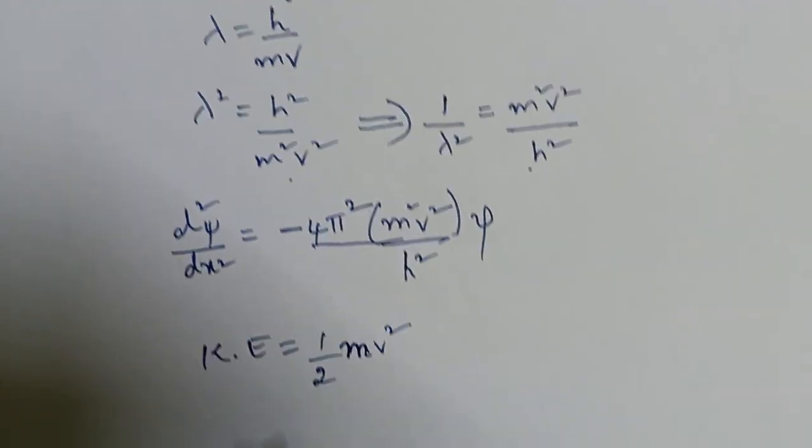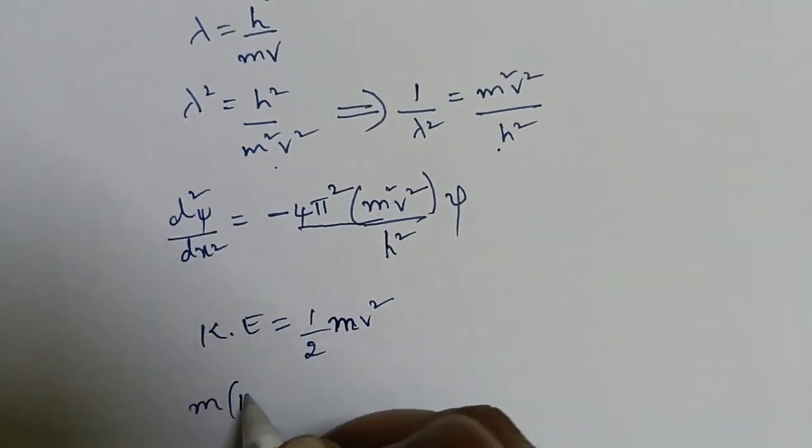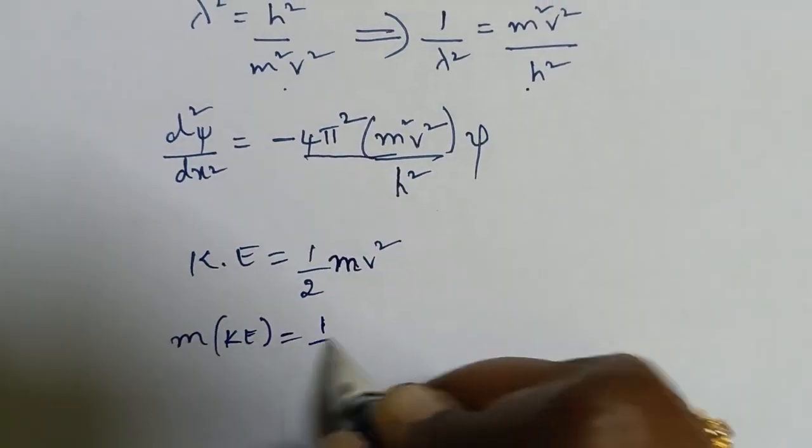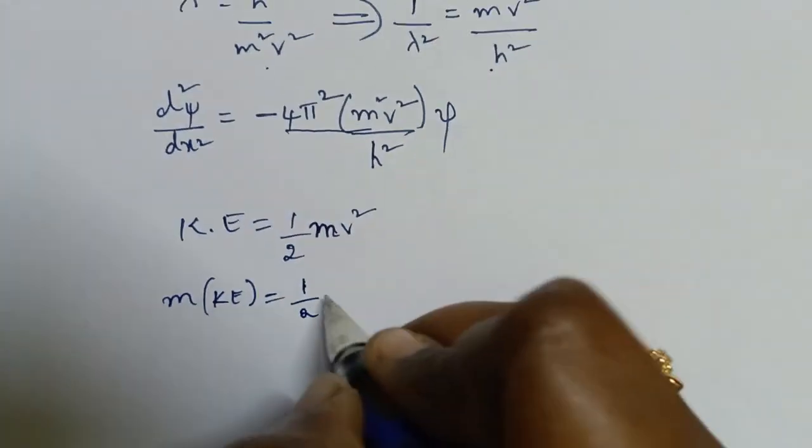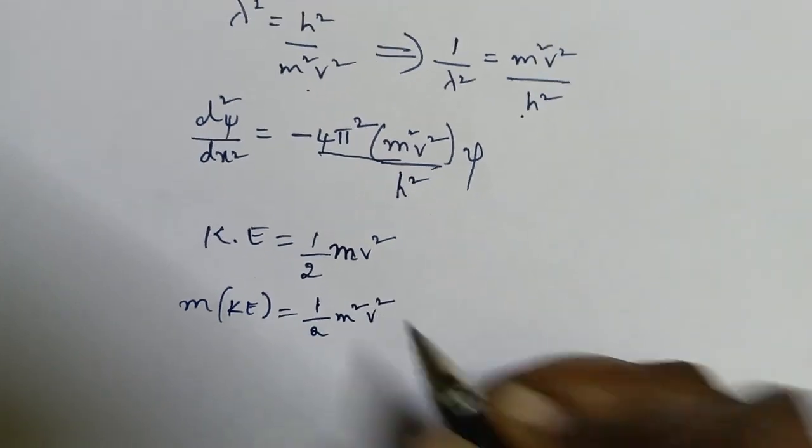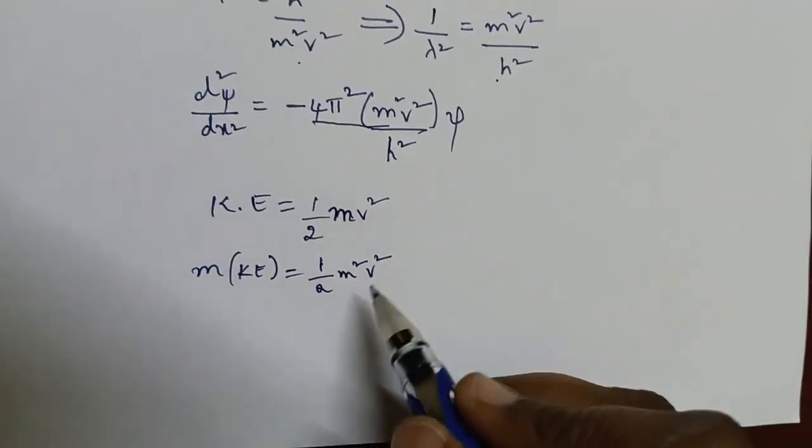So we want one more m. So I am multiplying both sides with m. So m into kinetic energy is equal to half m square v square. So then m square v square is equal to 2m KE.